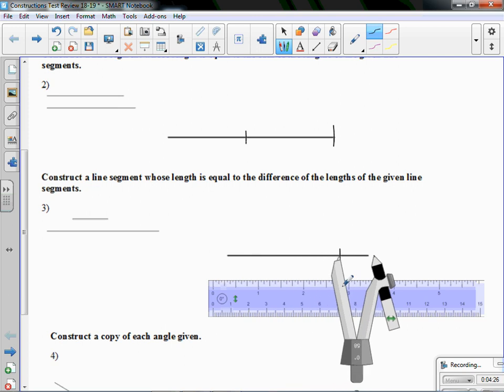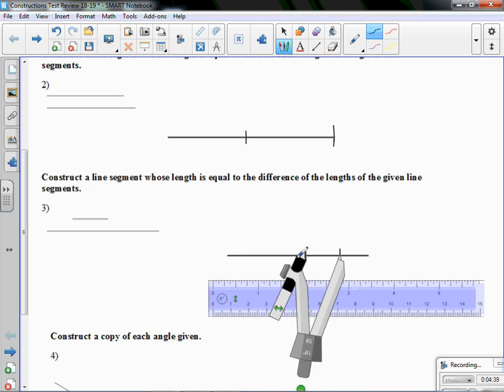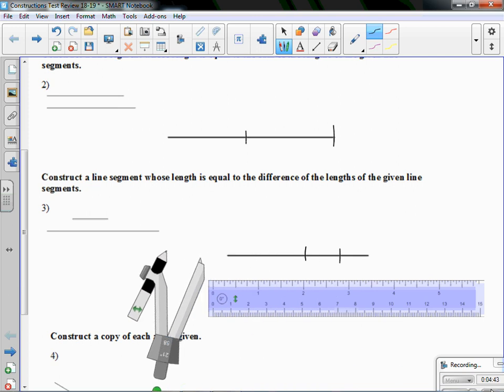We're going to put the point of our compass where the first segment ended, but instead of adding to the right, we're going to mark it off back to the left side, because we're taking it away.